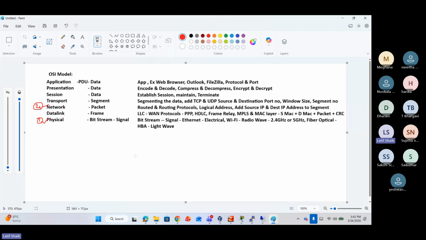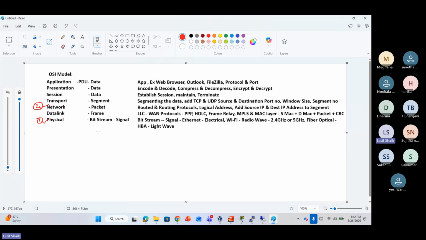Okay, next. If I want to communicate with a device which is not in our network, for example you are accessing google.com, Facebook, YouTube, these are not in your network. They are outside of your network. In those cases, check whether your system IP address is properly configured or not, the default gateway is properly configured or not, and the DNS address is configured or not.